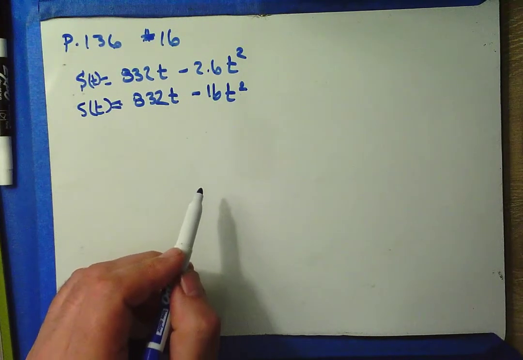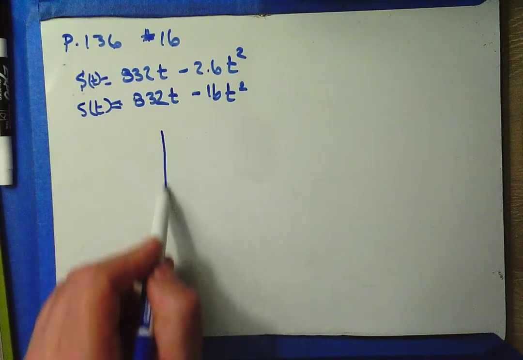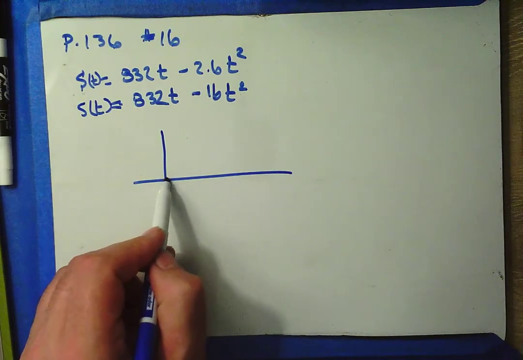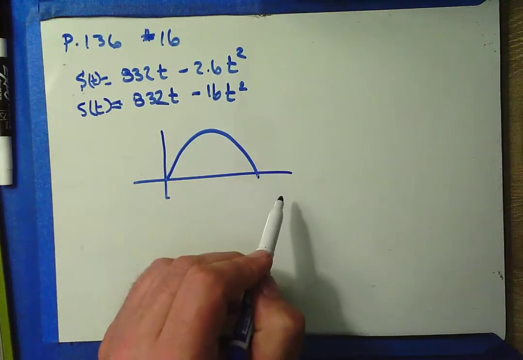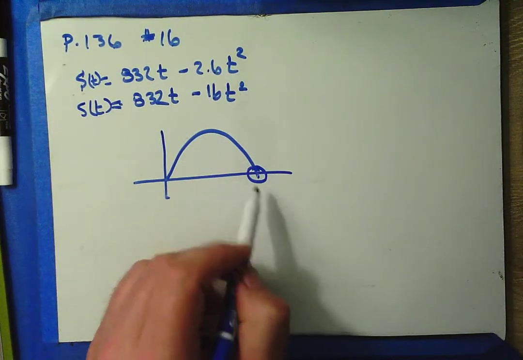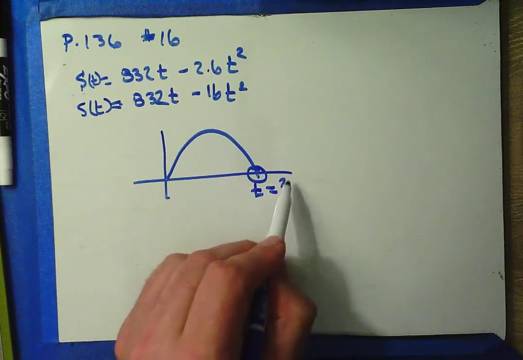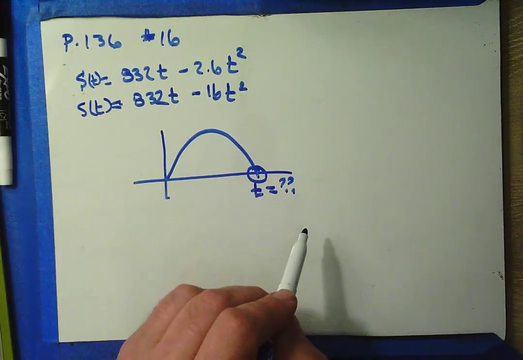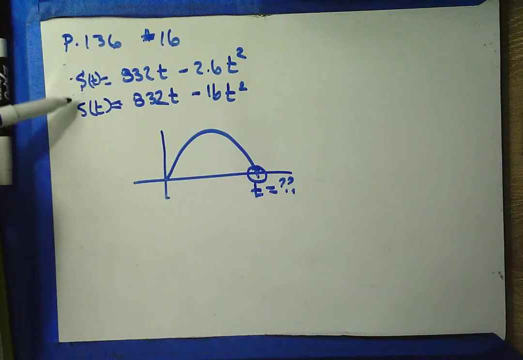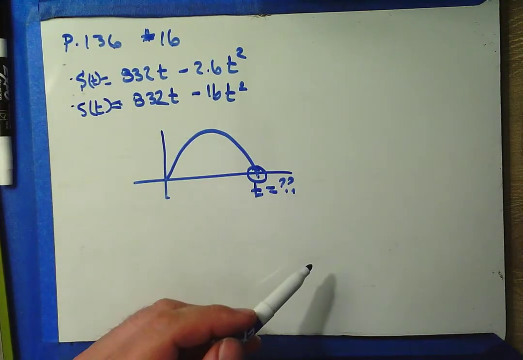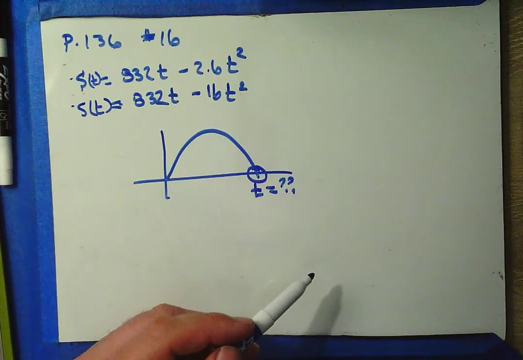Well, we learned in pre-cal that we could graph these parabolas and find back on the ground by finding x-intercepts. So I just need to plug zeros in for each of these. There's no calculus I need for this.